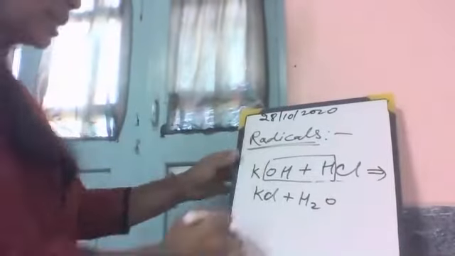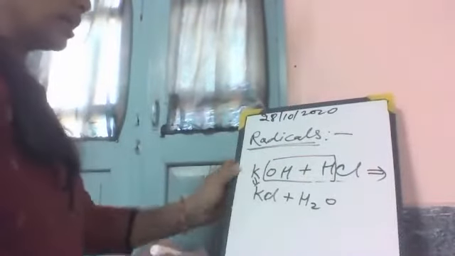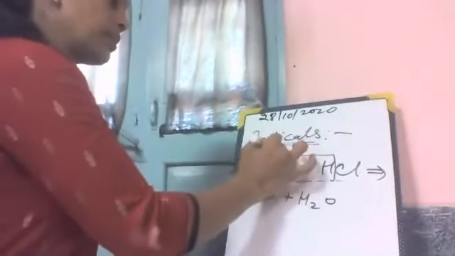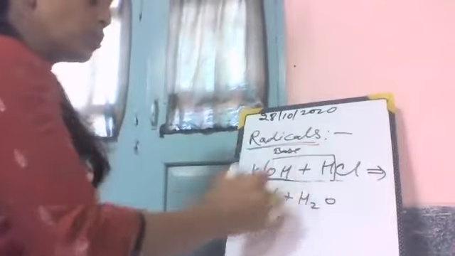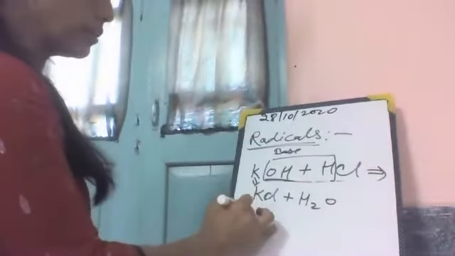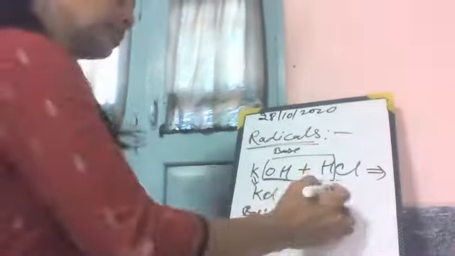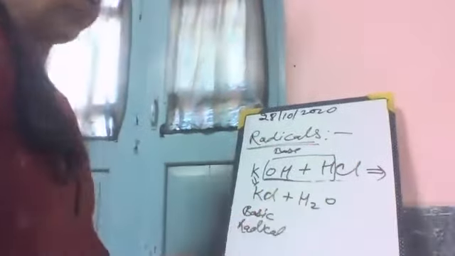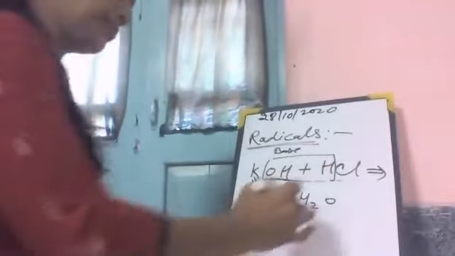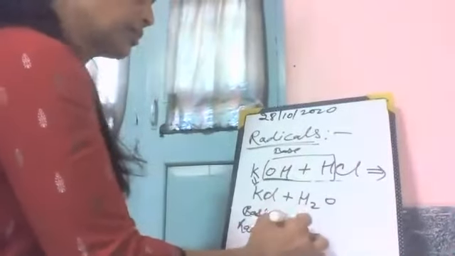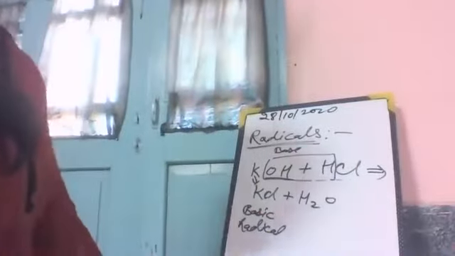So this K came with the hydroxide. It's a base. Due to this, it is known as a basic radical, because this potassium comes from the hydroxide base and this H comes from the acid.